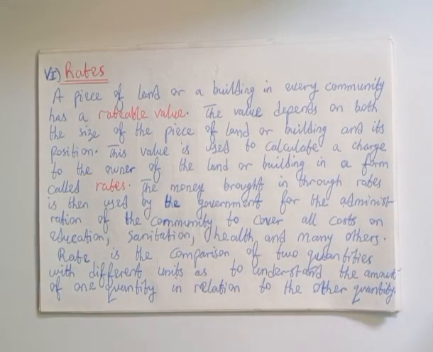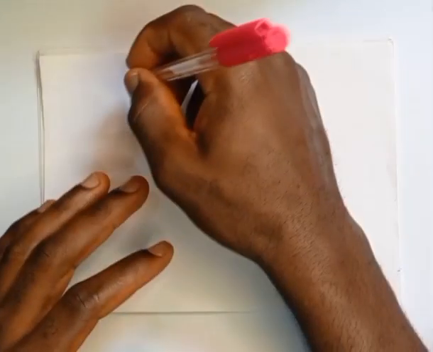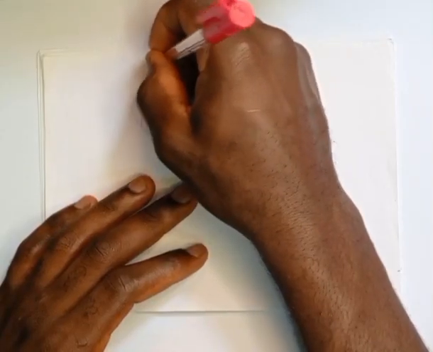That's rate. Rate is the comparison of two quantities. The two quantities have different units as to understand the amount of one quantity in relation with the other quantity. That's all. Let's take some examples on rates.